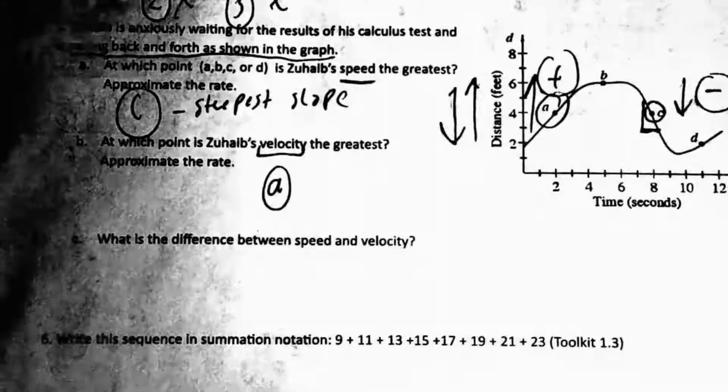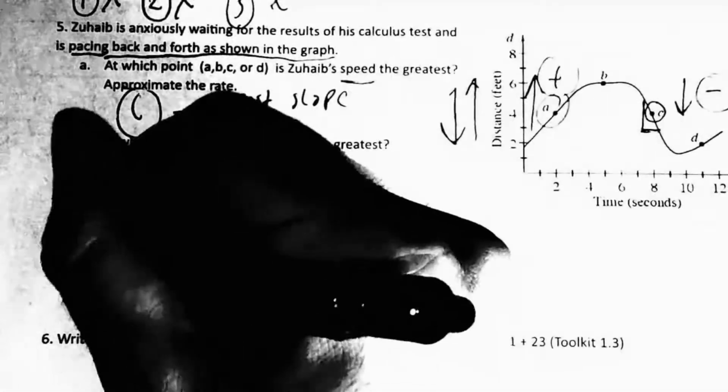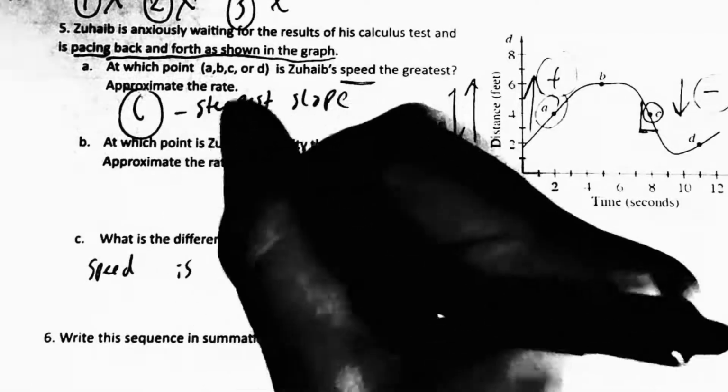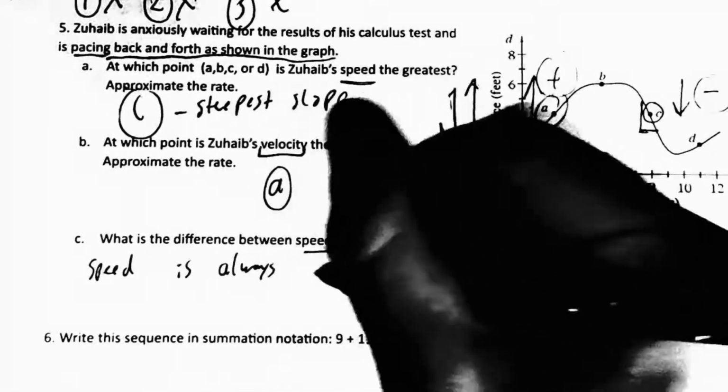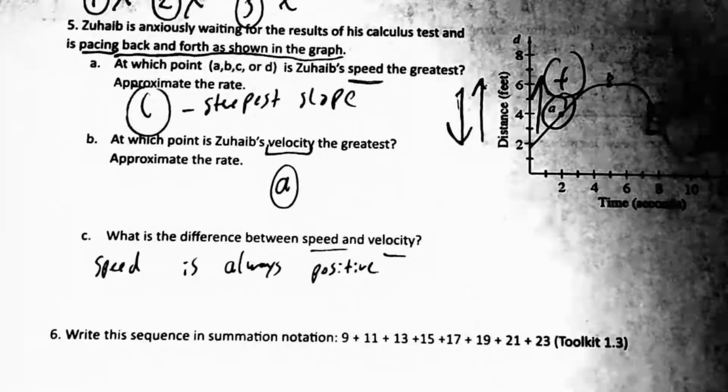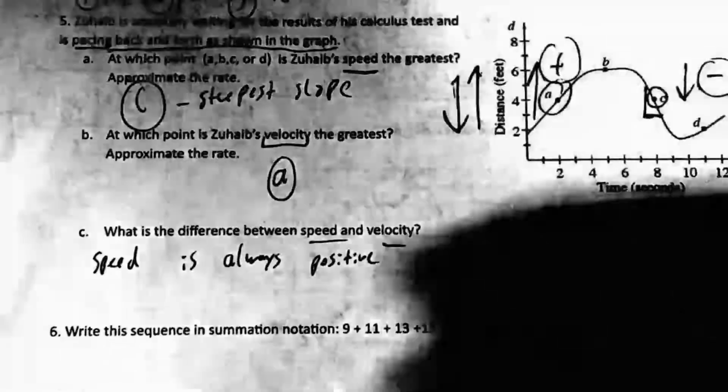Okay, what is the difference between speed and velocity? So speed is always positive. Speed does not care about direction.